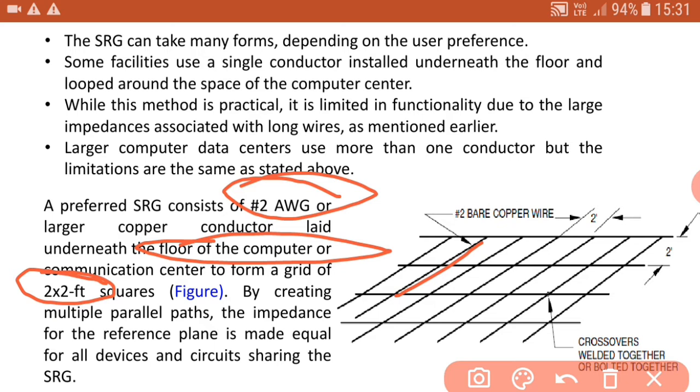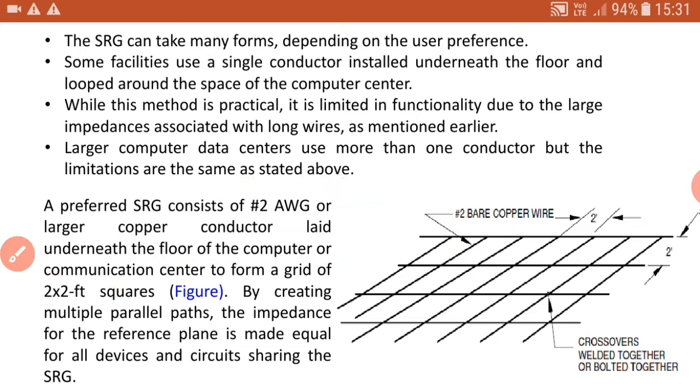By creating multiple parallel paths, the impedance for the reference plane is made equal for all devices and circuits sharing the signal reference ground. And these cross points are welded together or bolted together, so they are fixed in place. Welding is better than bolting.